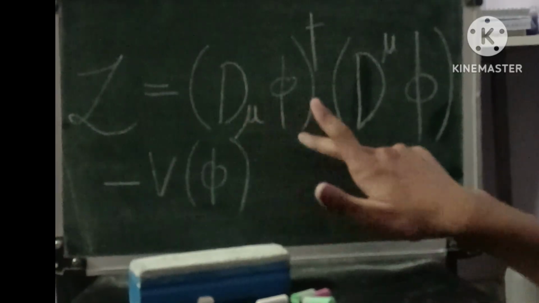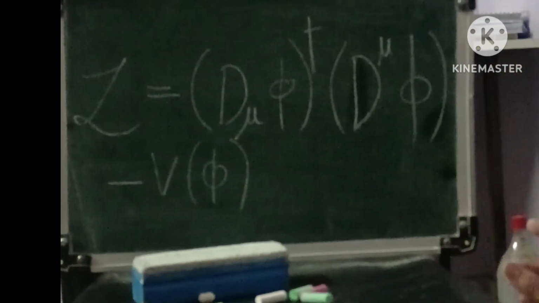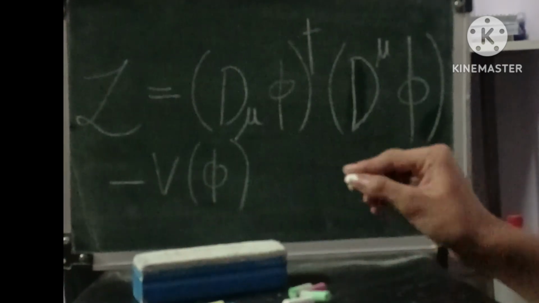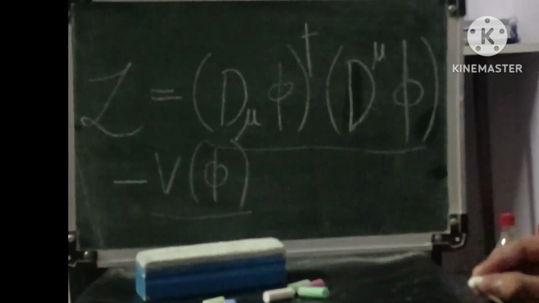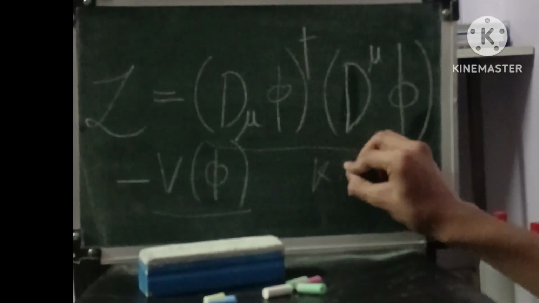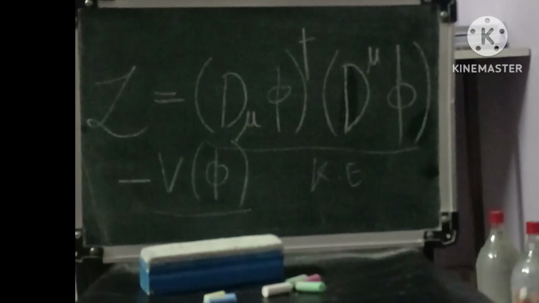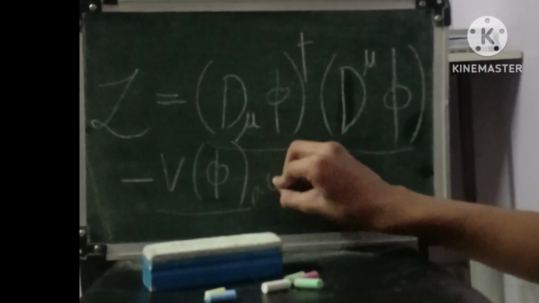So I have directly written this, and from this formula it's visible that it has two terms. First this and then this. This term is the kinetic energy, and this second one is the potential energy.